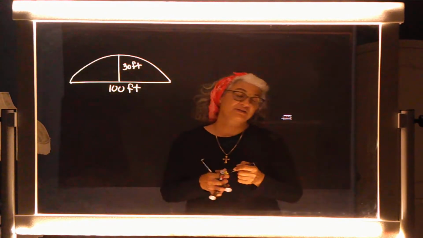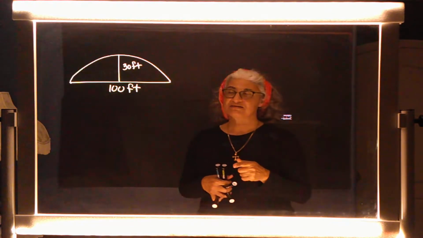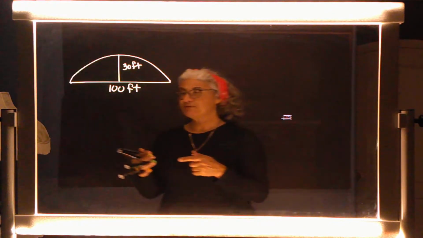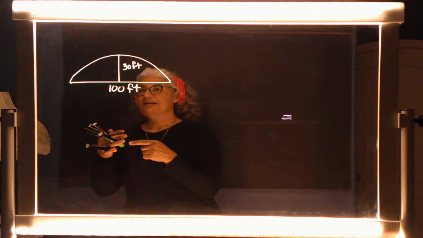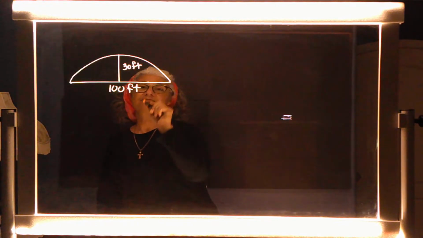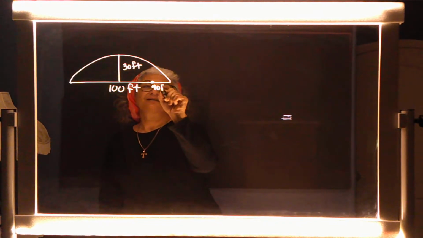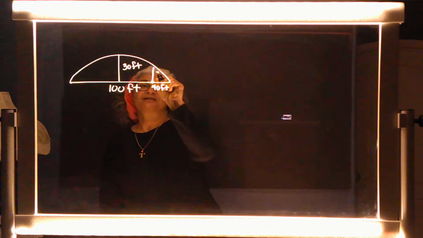So, as always, it's good to draw. And their question is, they want to know the height of the bridge when we are 40 feet out from the center. So at 40 feet, they want to know this height.